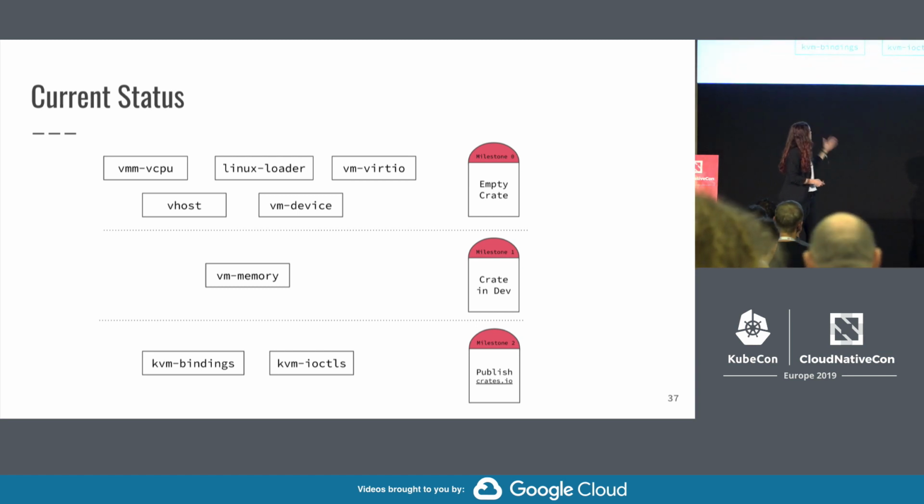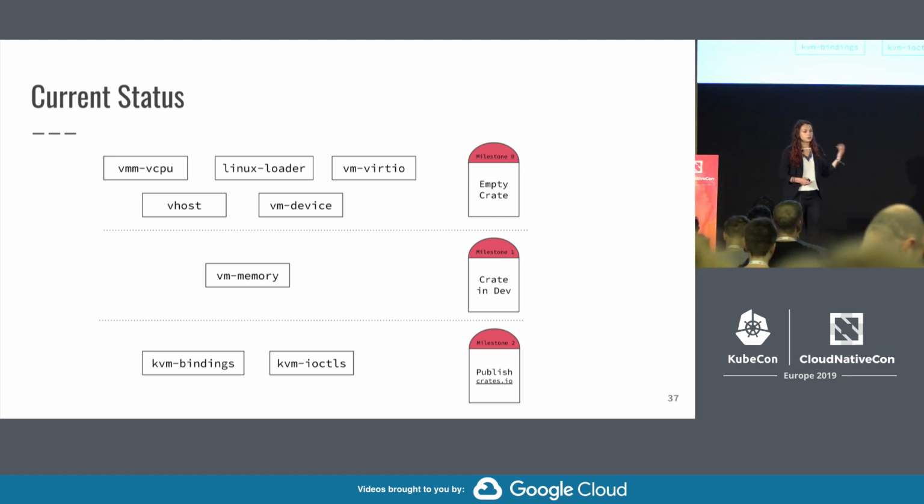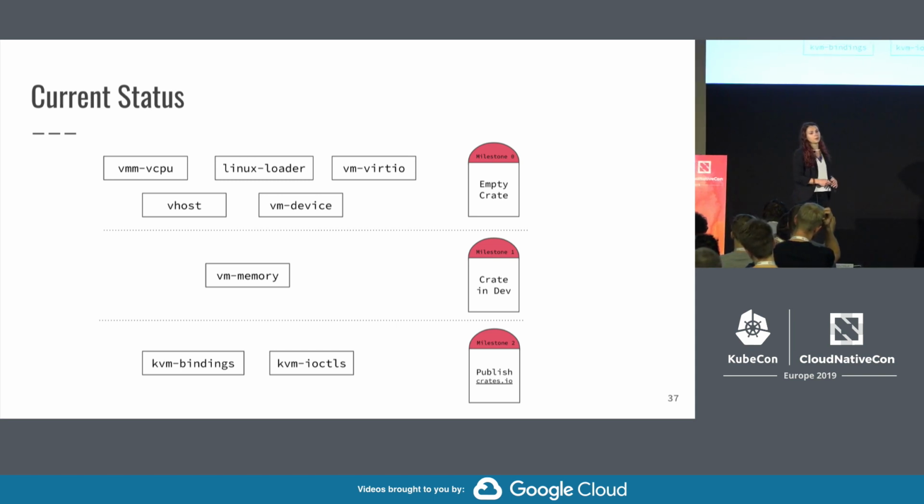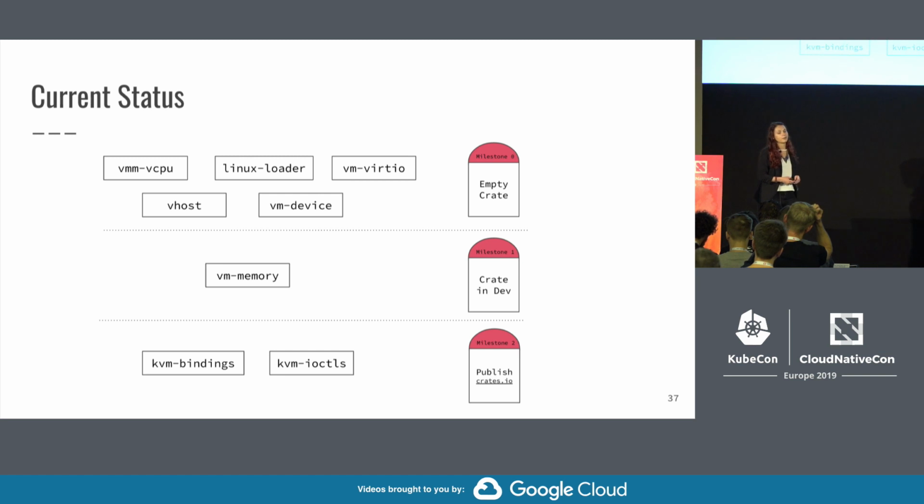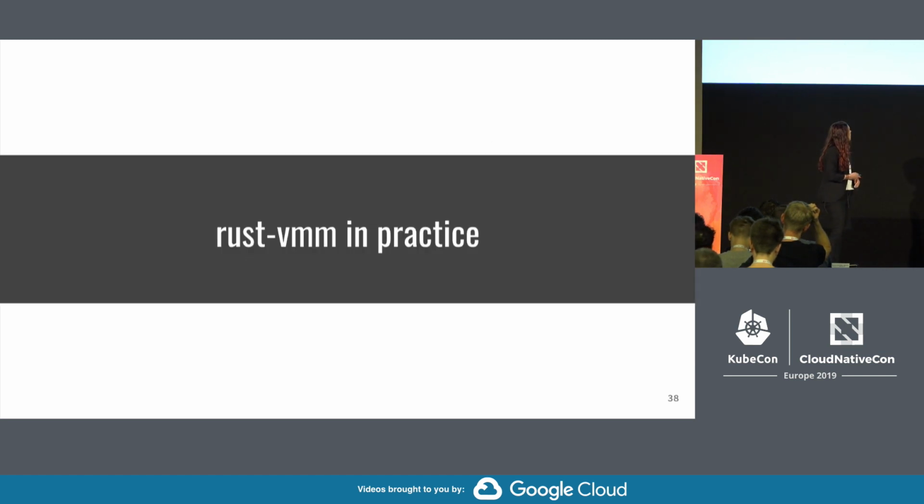Then we have a crate that is in development, which is the VM memory that I discussed earlier. And we currently have only 2 crates that are actually published on Crates.io and used in production. These are the KVM bindings and the KVM IOCTLs, which provide some primitives, or an interface, to interact with KVM, with the KVM API.